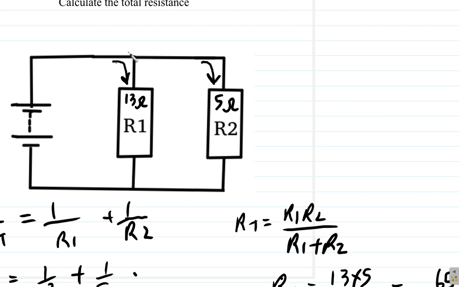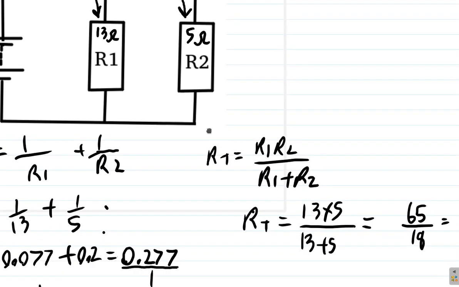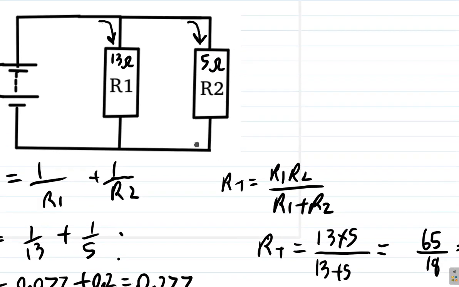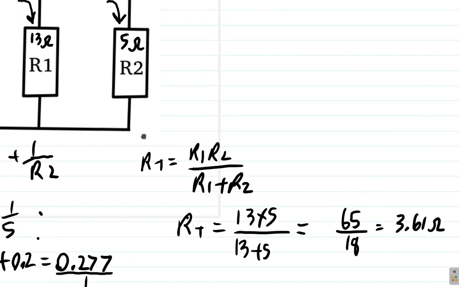So it eases the traffic that's up here. It's not backed up as much as before. So the resistance drops. So the total resistance now will drop lower than the 5 ohms. Alright? So here now, that's what we have. So we have the total resistance of 3.61 ohms.